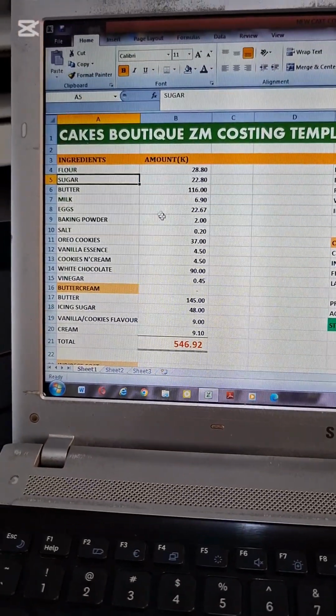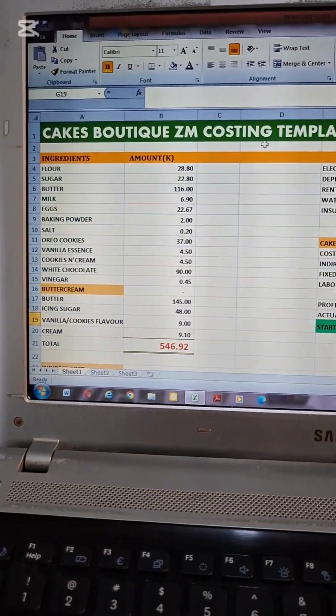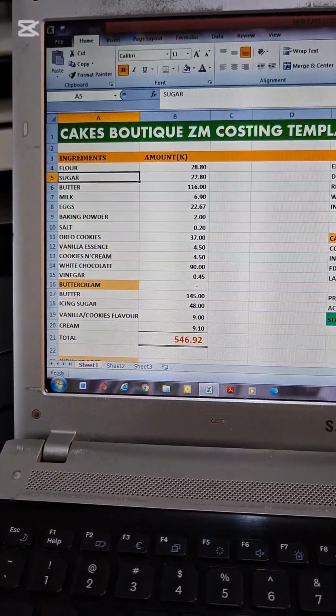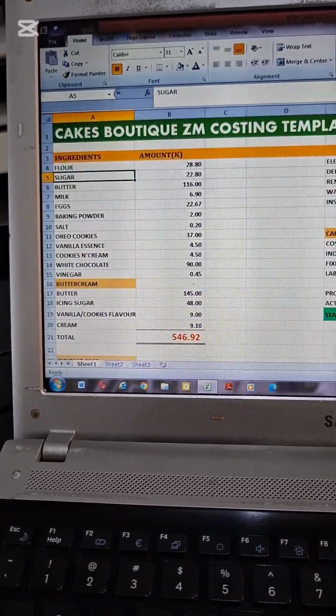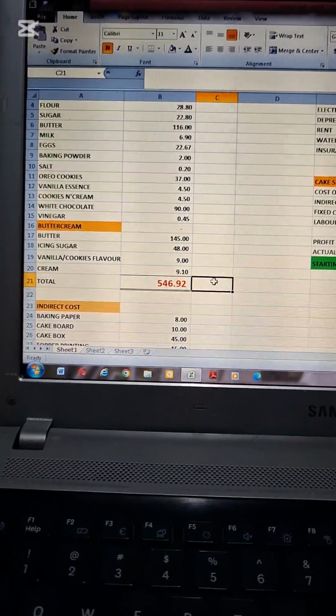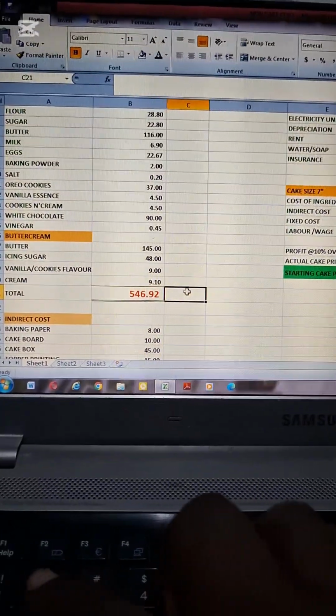And if you don't want to do all these calculations, but you just want to be on the safe side, you can just multiply the cost of ingredients by 2 to get a rough estimate of the selling price. This way, you have a better idea of how much you should charge for a cake.